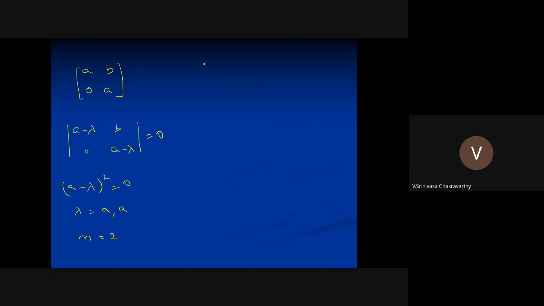Now, how do you get the corresponding eigenvector? So you plug this lambda back into the equation and solve for it. So the equation now becomes A minus A, B, 0, and A minus A, times x1, x2, is equal to 0. This is what we need to solve.